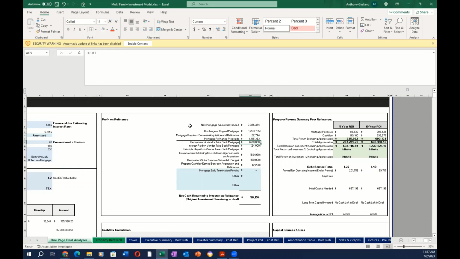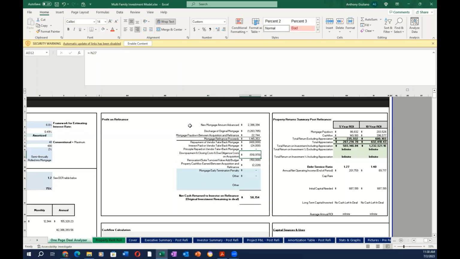But guess what? We still have to pay back the $400,000 vendor take-back mortgage. We also have to pay back interest on that VTB mortgage, whether it was paid monthly throughout the term of the loan, or whether that was paid all at once in a balloon payment. Principal repaid on the VTB mortgage is none, because it was interest only. There was no principal paid.